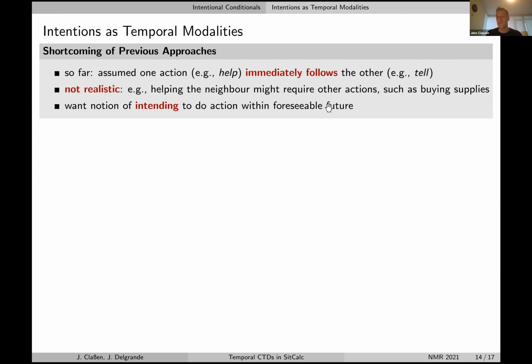we didn't have a notion of intention. So we always assumed that one action immediately follows the other action, so helping immediately follows telling. And this is not realistic because helping the neighbor might require other actions to take place, such as buying supplies.